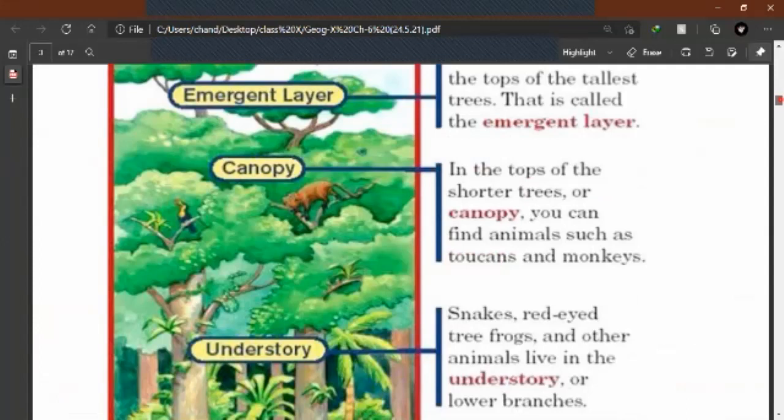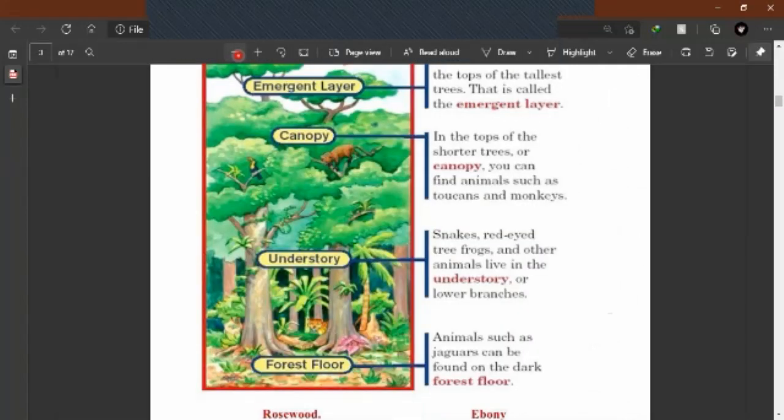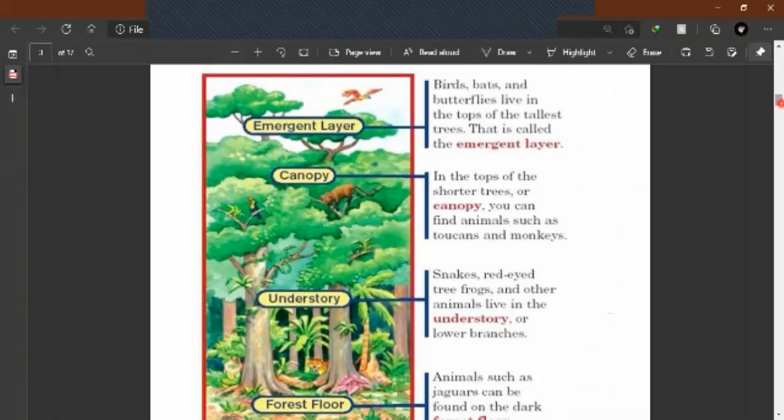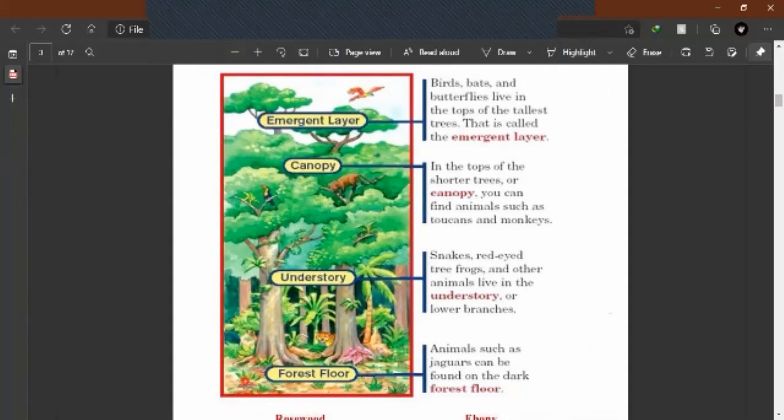This will be very much clear with this picture, showing the layers of rainforests. This is the forest floor, understory layer, canopy layer, and the emergent layer.